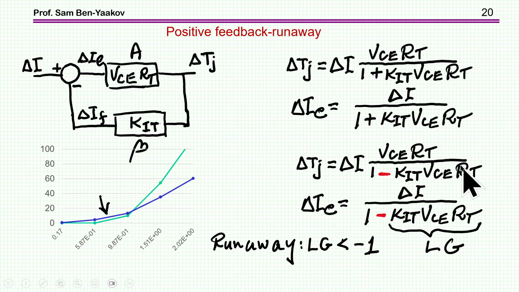So this number is going to be very small. I'm not going to put in numerical values. So consequently, although there will be some increase in the temperature and the current as compared to the open loop situation, this is a very small change. So luckily, we don't have a big problem, even though we have here positive feedback.